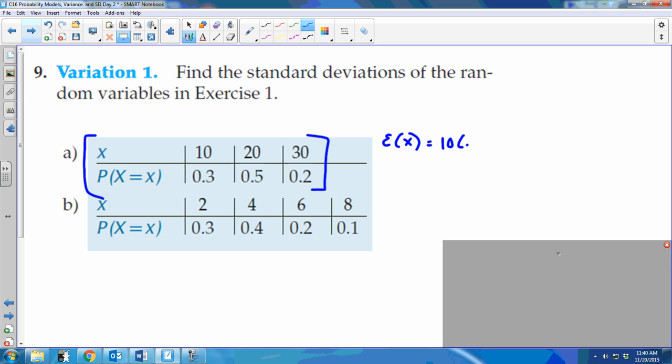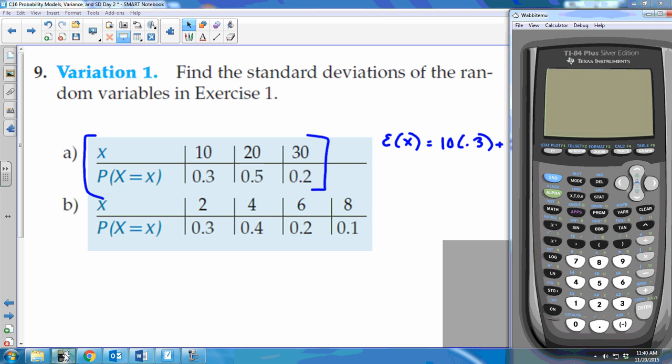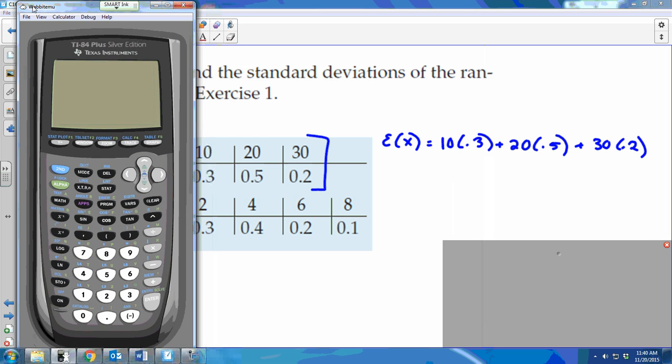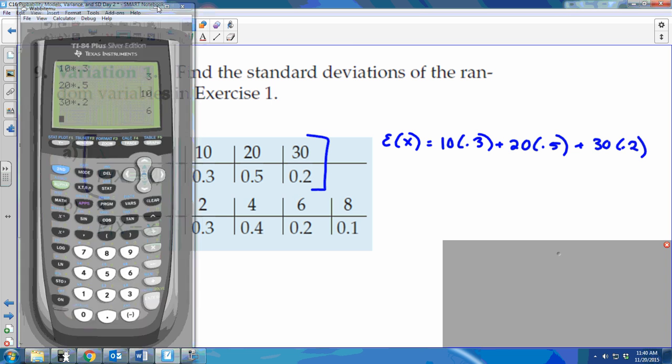So 10 times 0.3 plus 20 times 0.5 plus 30 times 0.2. So if we calculate that, we get 19, right? Because you add all those together.